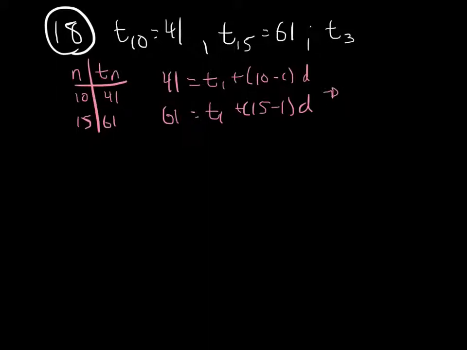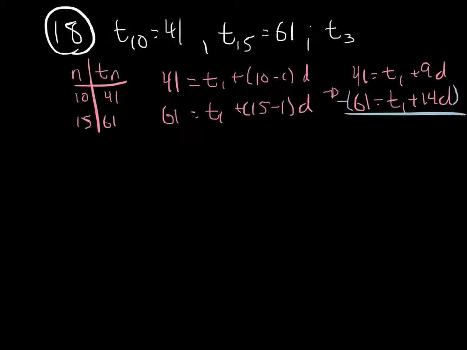Okay, so those simplify to 41 is equal to t sub 1 plus 9d, or 61 is equal to t sub 1 plus 14d. So we've got to find d and t at the same time. I'll just do it this way, which eliminates the t.